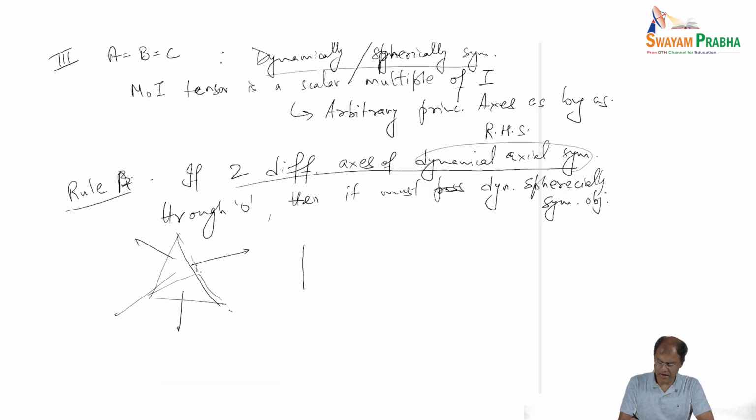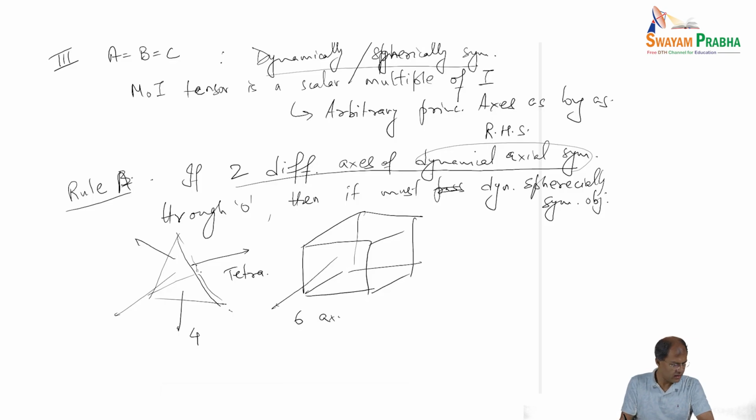Similarly we have the cube, where we have six faces, so we have six axes of symmetry. And similarly we have the pentagonal ball, which will have five faces, so we have five axes of symmetry, and so these are all spherically symmetric objects.